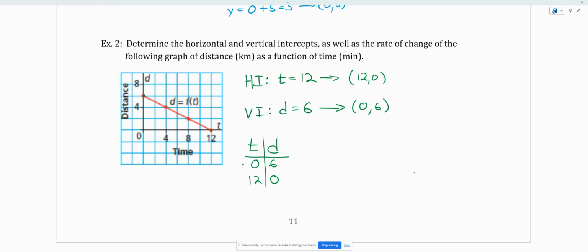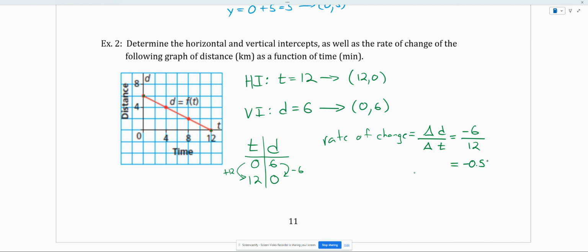And this here we can see very easily. We have a plus 12, and here we have a negative 6. So that easily tells us our rate of change. That's all the information we need for this linear graph. So this is going to be the change in distance divided by the change in time, which is equal to negative 6 divided by 12, which we're going to simplify down to negative 0.5.